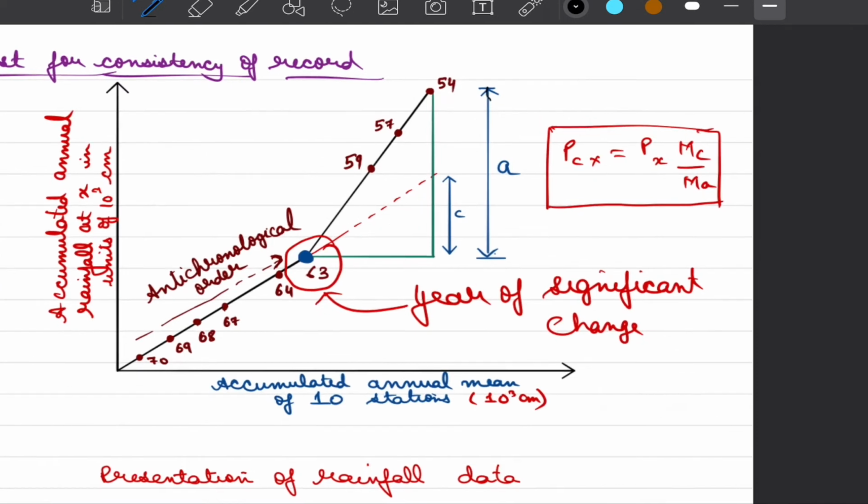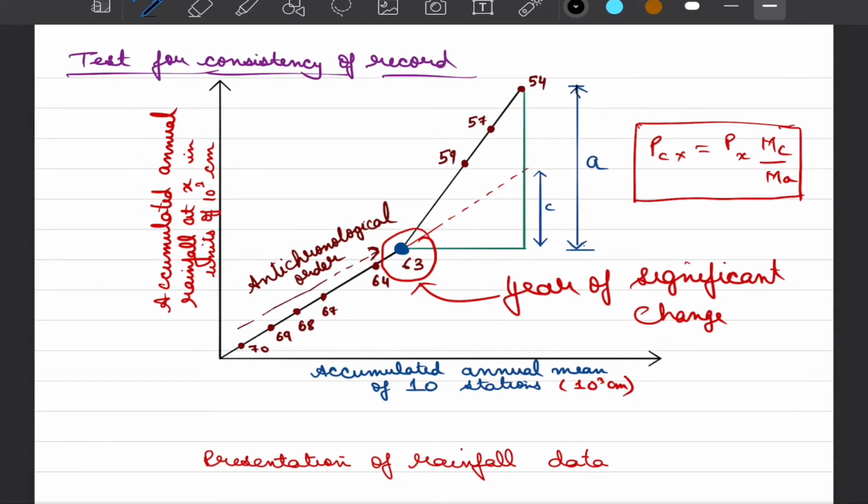Another kind of situation that arises in the field is that what if there is a lack of consistency in the record? For example, we have a watershed in which again four gauges are located. So I am drawing this ideal circular watershed. So let us say there are 1, 2, 3, and 4 gauges there. And what happened is that in one of the years, and we have data record for a long time, that is for this watershed, we have data available for 30 years of period.